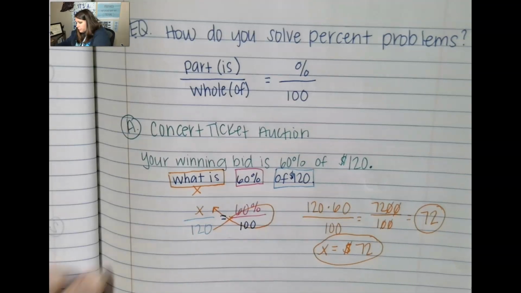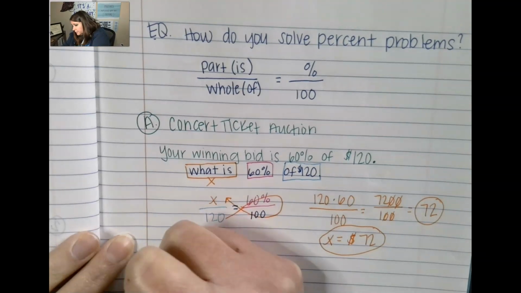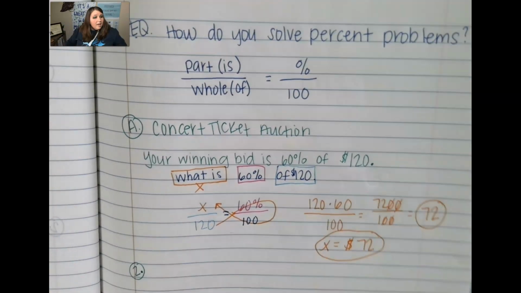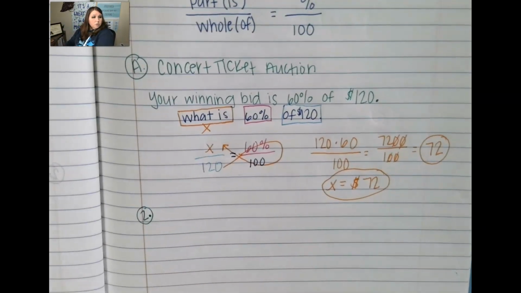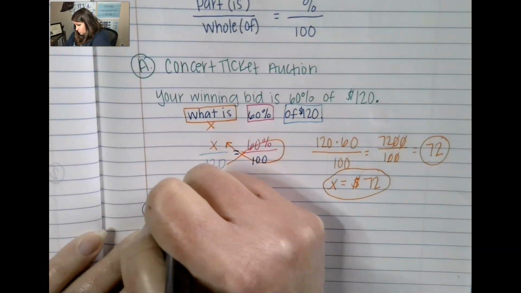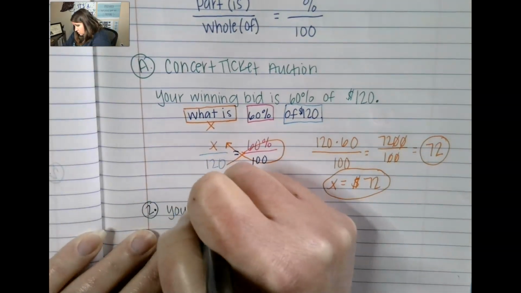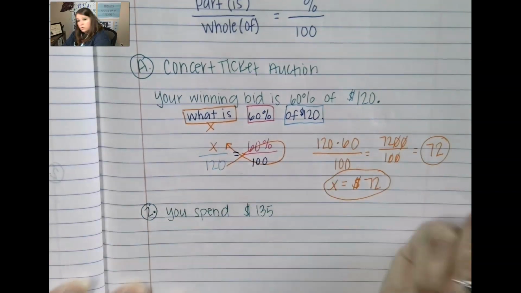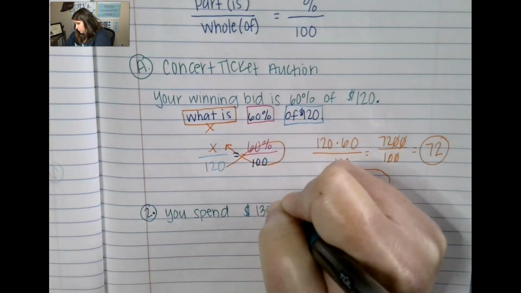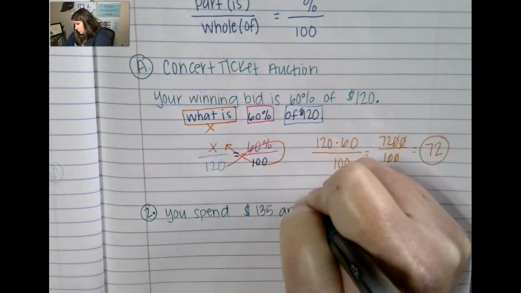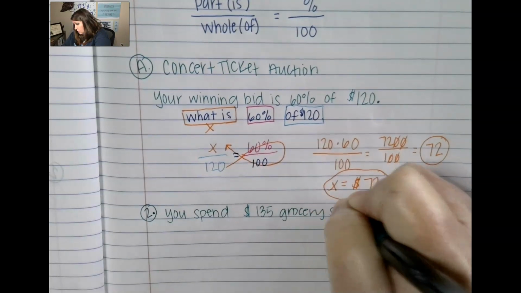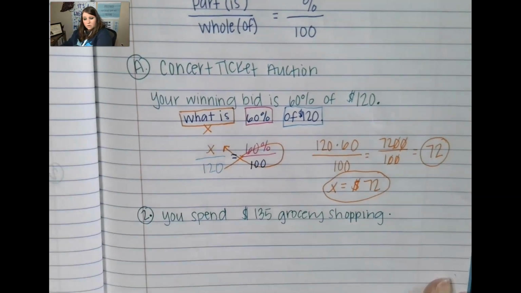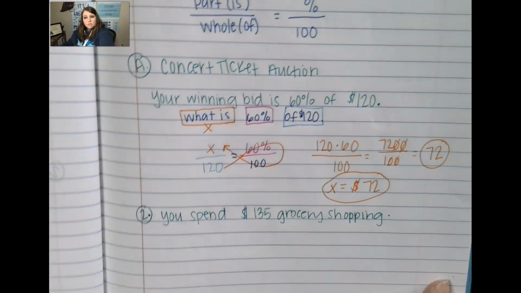Example number 2. On example number 2, we are going to go shopping, and you spend $135 grocery shopping. So you're going to spend $135 on groceries.